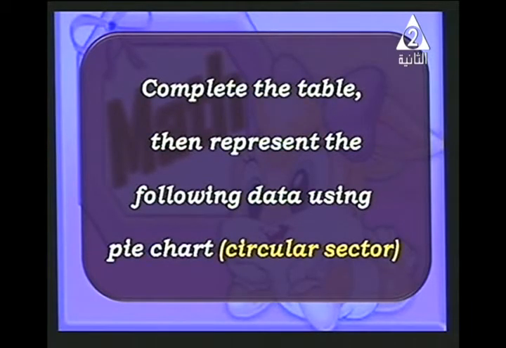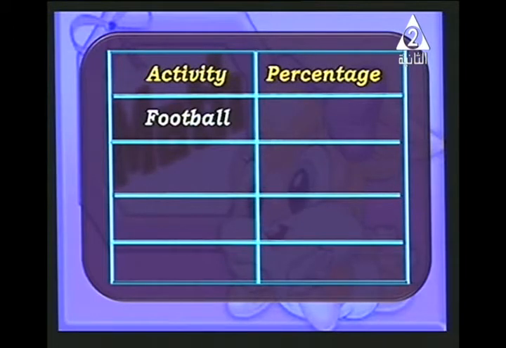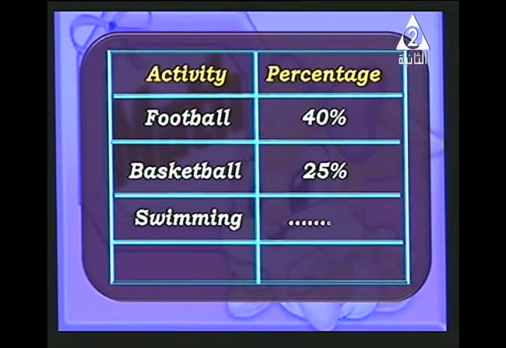Another example. Complete the following table, then represent the following data using a pie chart or circular sectors. You have activity and percentage. Football, 40%. Basketball, 25%. Swimming, what percent?